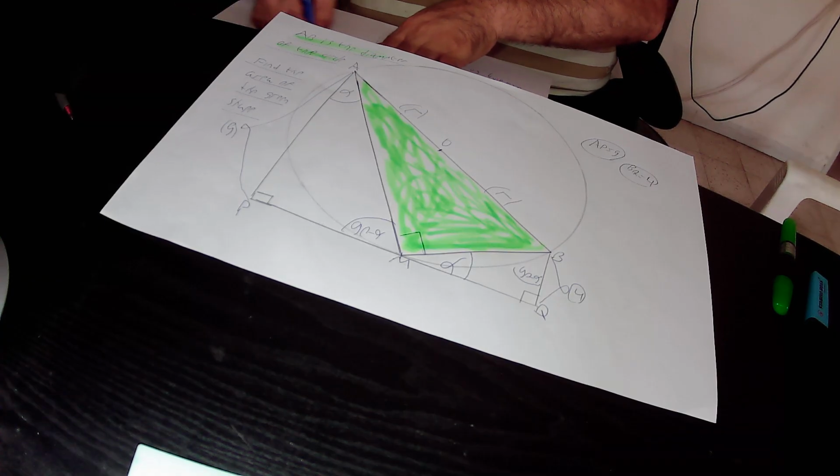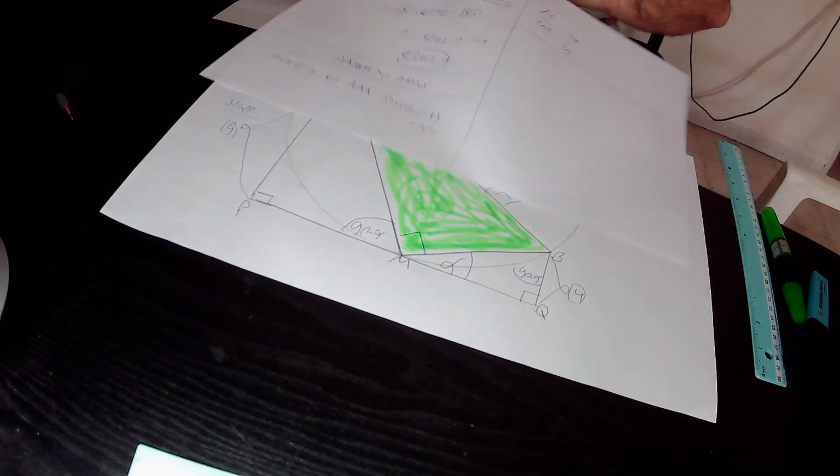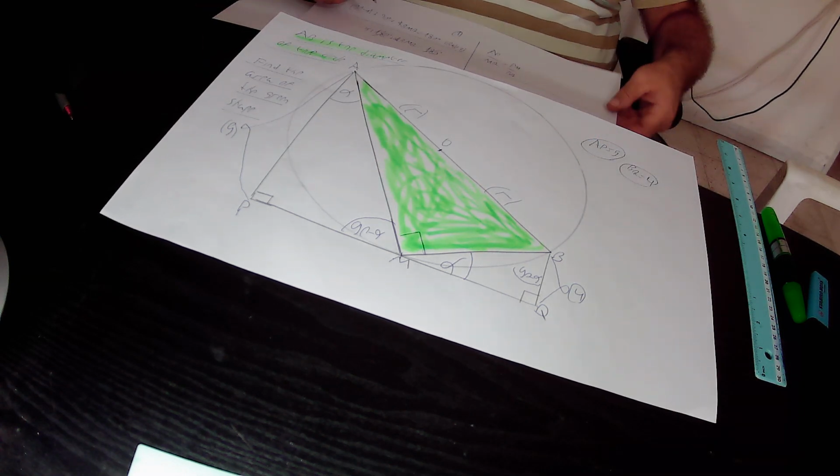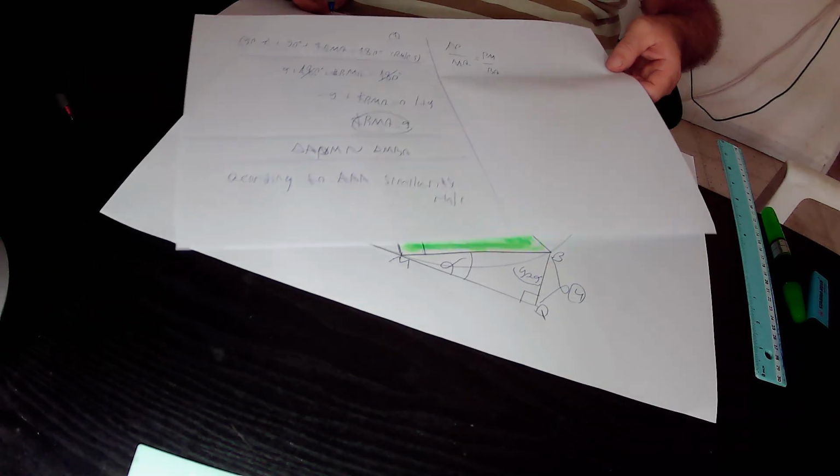And again, from the fact that those two right triangles are similar to each other, we derive that the following relationship exists between their sides.